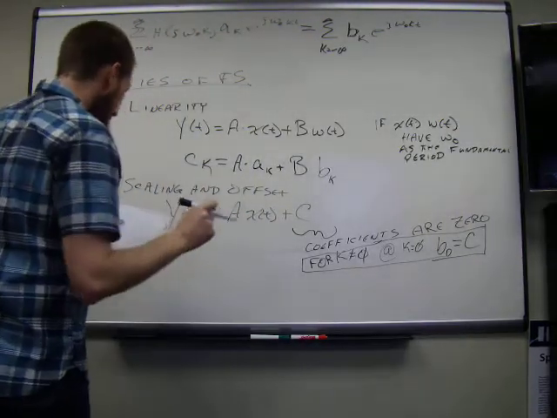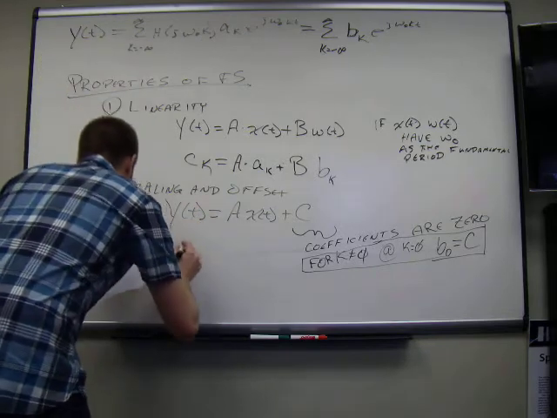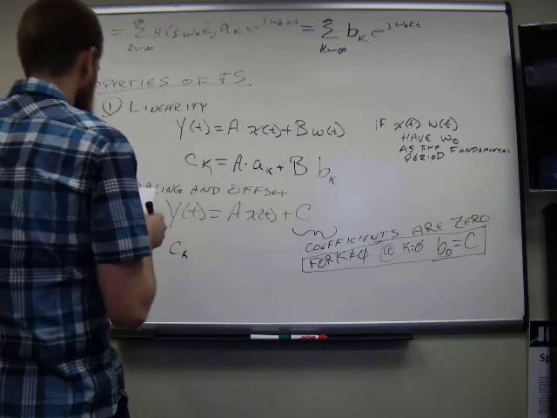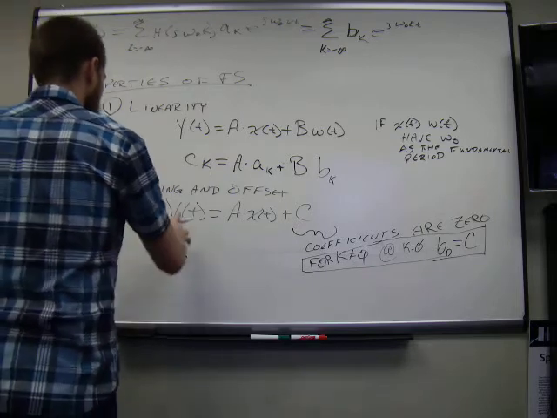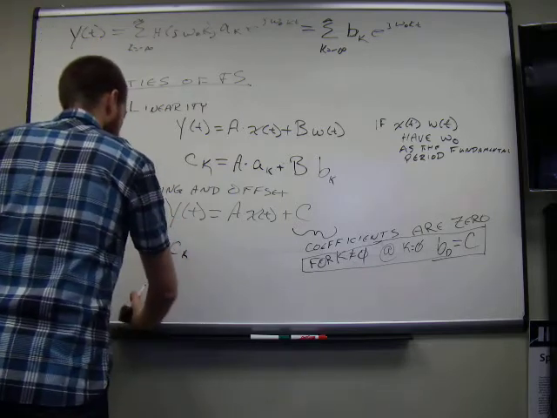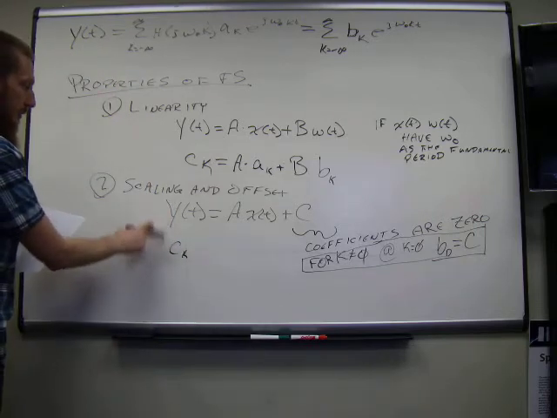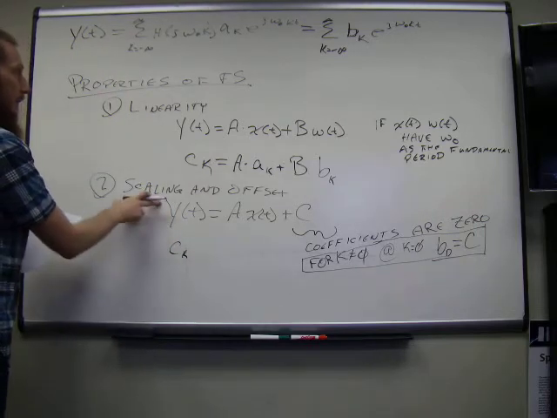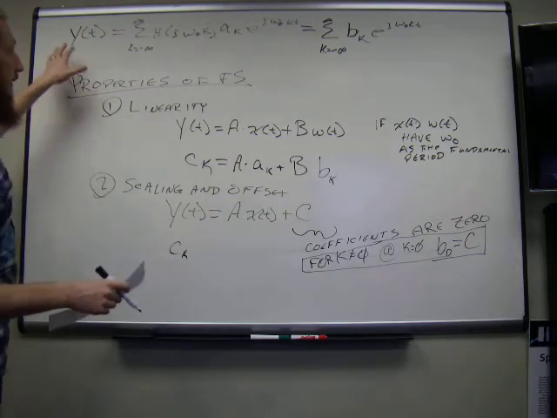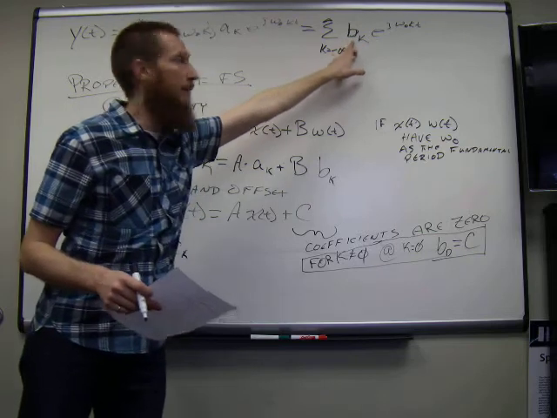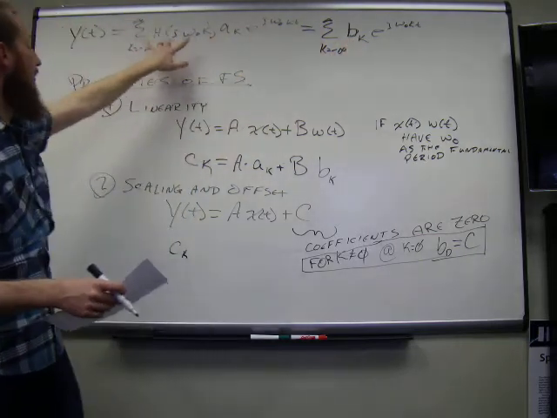So what I just said there, c of k, is the Fourier series coefficients for y of t, and this is what they use in the book to define the output of this.